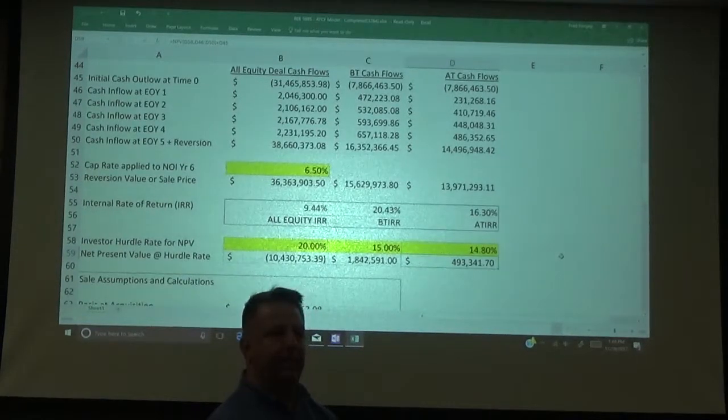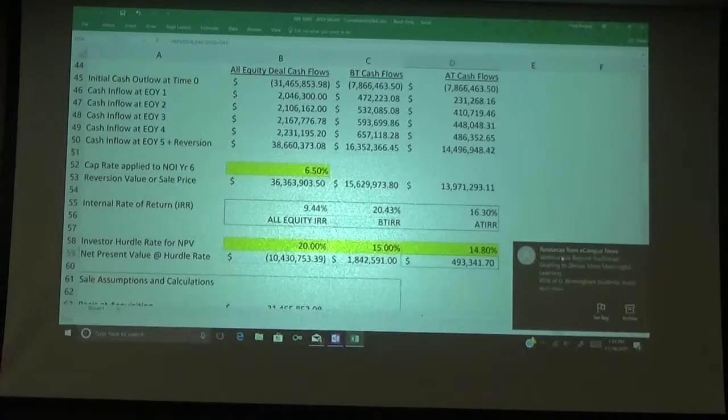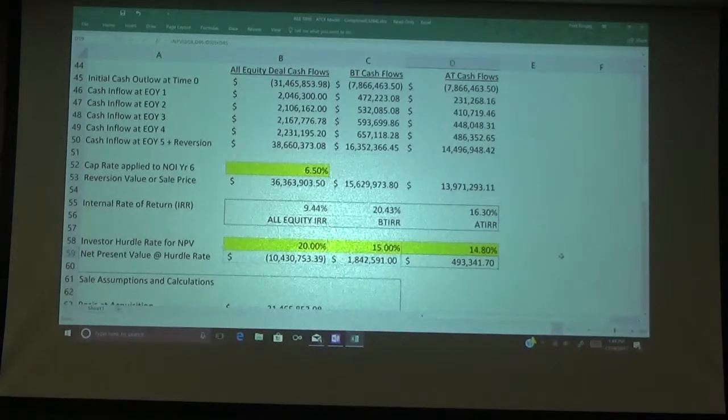If you put the rate of return in the hurdle rate, it's going to be the profit it's trying to... Right. Yeah, so for example, if I were to type in 16.3 right there, what is my net present value going to be? Zero. Let's just see.